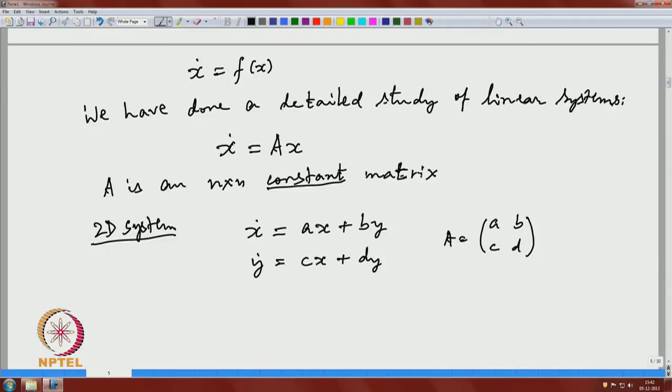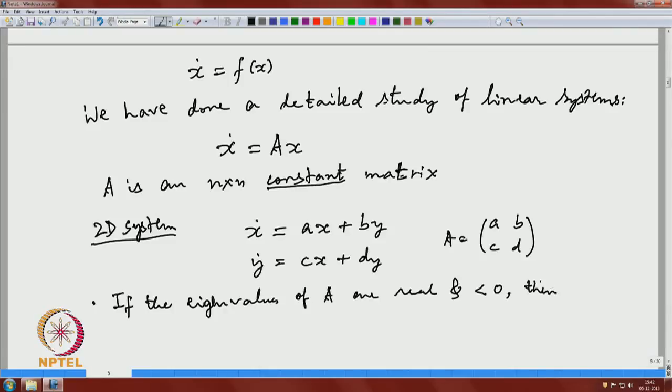So, let me just recall that. If the eigenvalues of A are real and negative, less than 0, then recall for this linear system 0 is an equilibrium point.